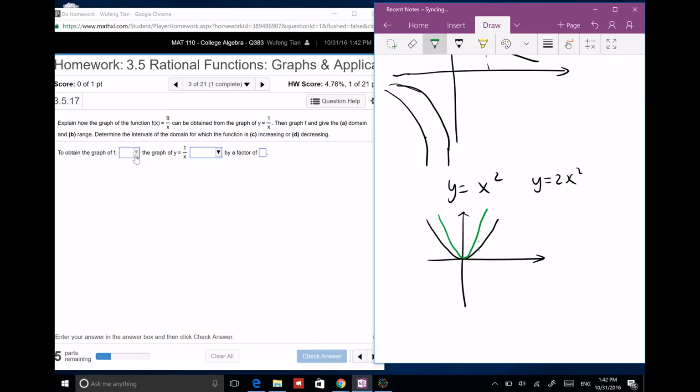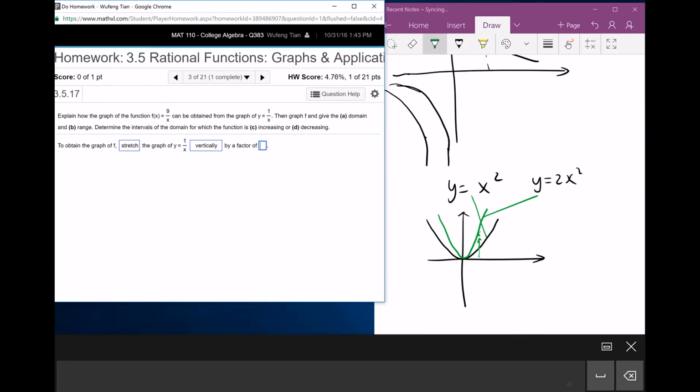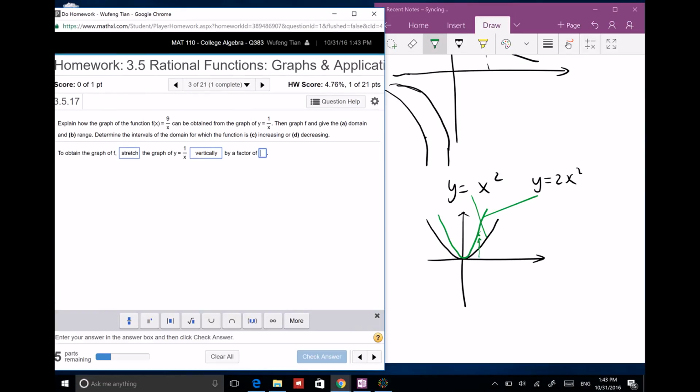Because you multiply the y values, you look at it vertically, and you stretch it out. So you stretch it vertically by a factor of 9.